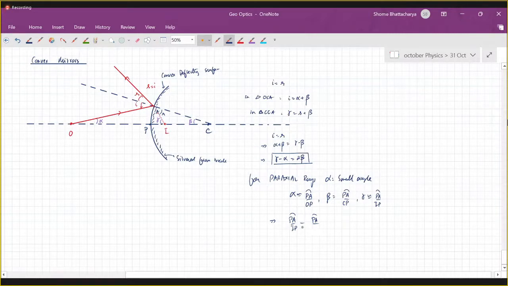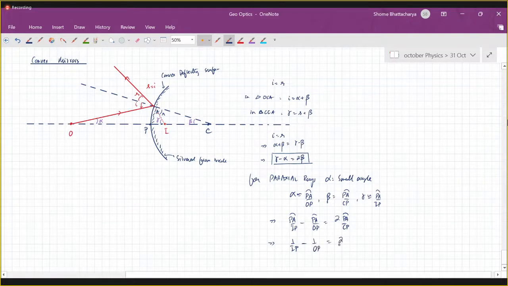Okay. So we have the relation. You can see in terms of distances, it's a different relation.